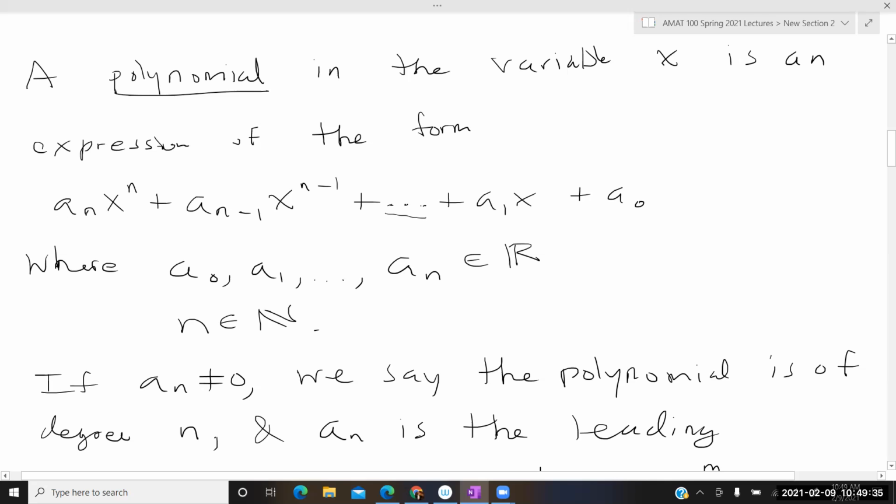Anyway, so you have a_n x to the n, and then these intermediate terms, and then a_1 x plus a_0, where a_0, a_1 up to a_n are real numbers, and n is some natural number. This right here is called the constant term.